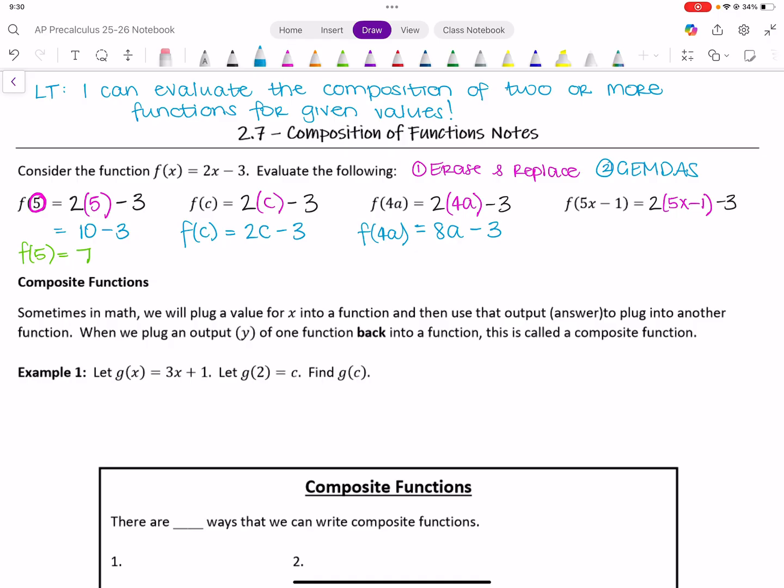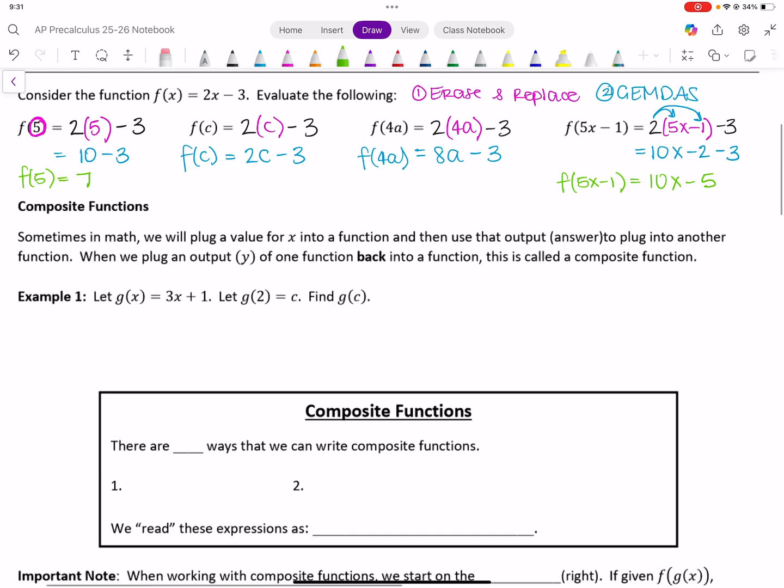Then when we distribute and multiply the inside of our parentheses by 2, we get 10x minus 2 minus 3. And then when we combine our like terms, we get f of 5x minus 1 equals 10x minus 5. So just simple, back to your Algebra 1 type evaluating functions for different values of the variable.